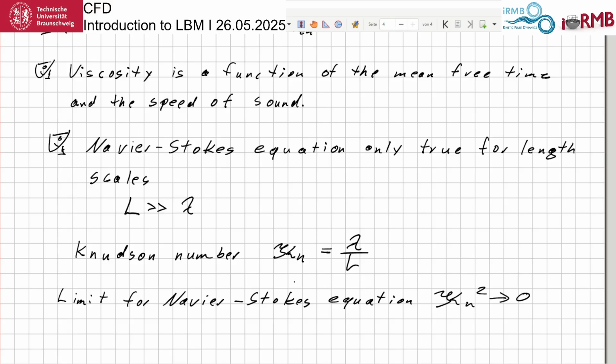So if the Knudsen number squared is going to 0, then the Boltzmann equation implies the Navier-Stokes equation, which also means that this is true only for the case that this L is much larger. So this here has to be much smaller than 1 in order for this to be true.